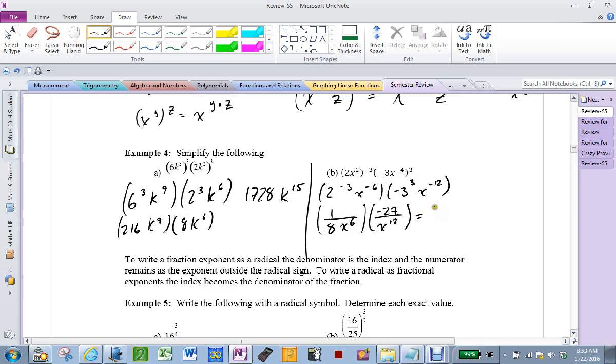What's 1 times negative 27? Negative 27 over 8. What is 6 plus 12? 18. And I'm done. Unless I can simplify the fraction, which in this case I cannot. Okay? Is everybody good with that?